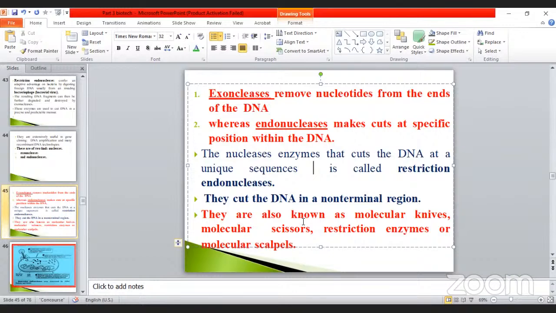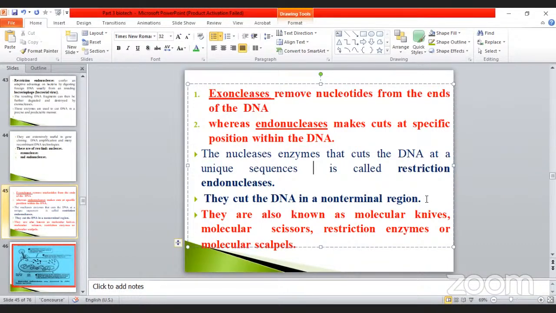They are also known as molecular knives, molecular scissors, restriction enzymes, or molecular scalpels. Collectively, they are called molecular scissors, molecular knives, restriction enzymes, or molecular scalpels. This is very, very important, my dear students.